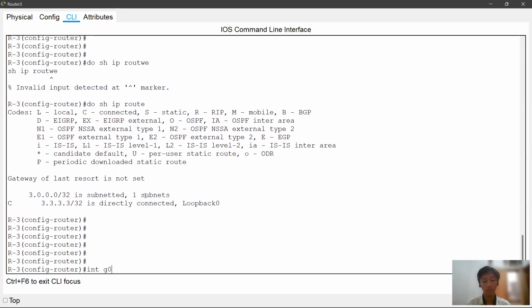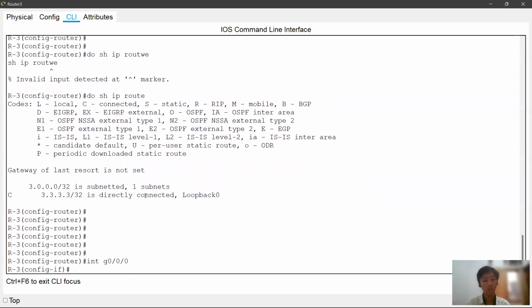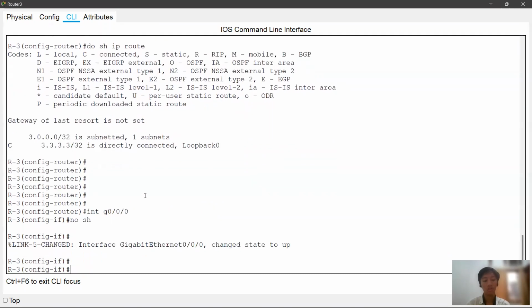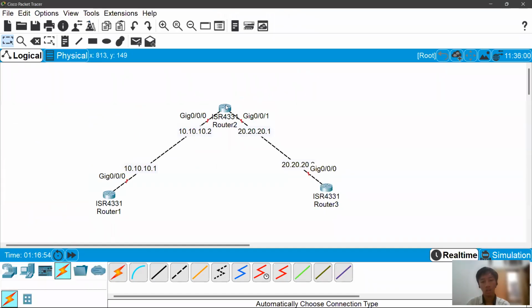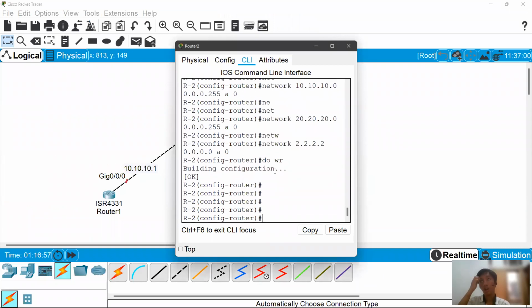So we turn on the interface first in router 3, no shutdown, and in router 2. The loopback interface is automatically on when we configure interface loopback 0, for example, but the physical interface in a router we must turn on manually.